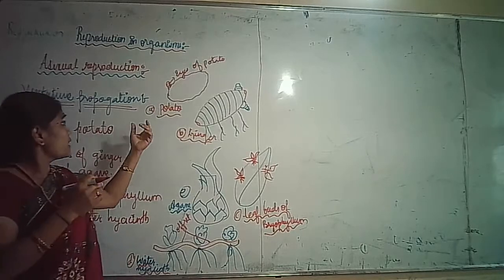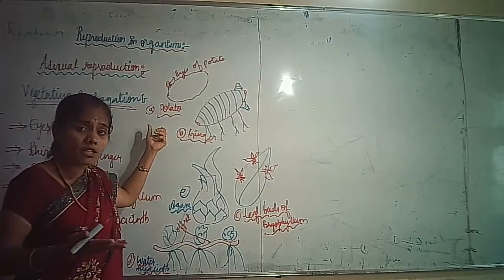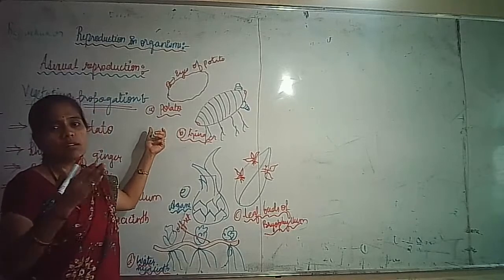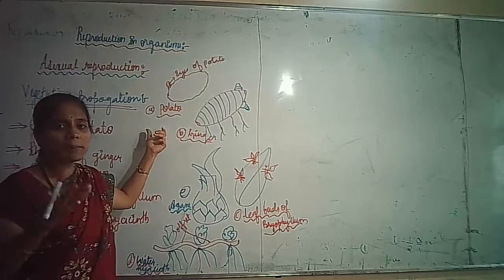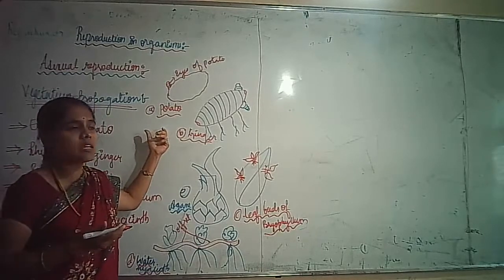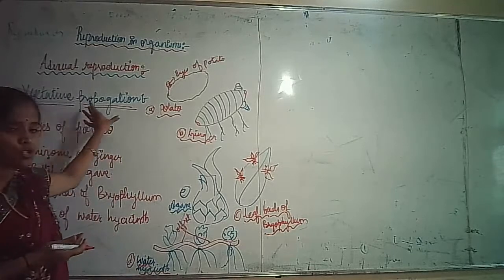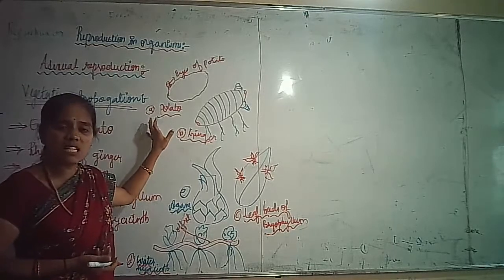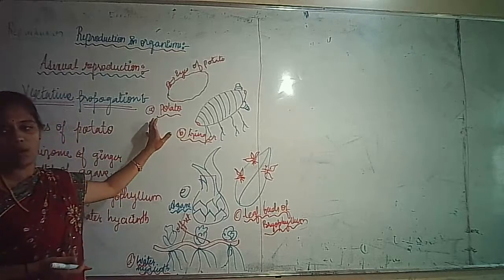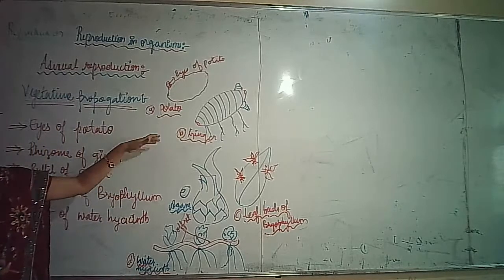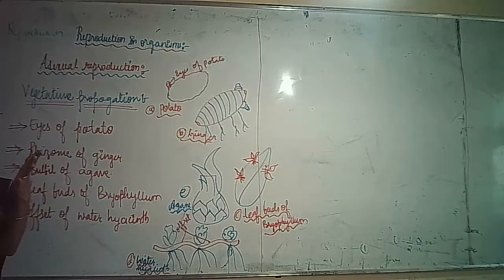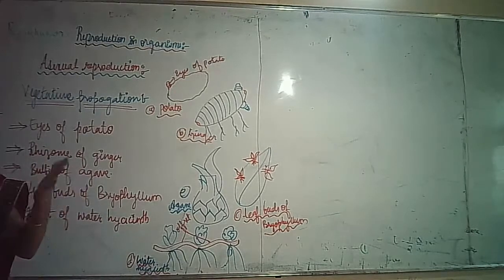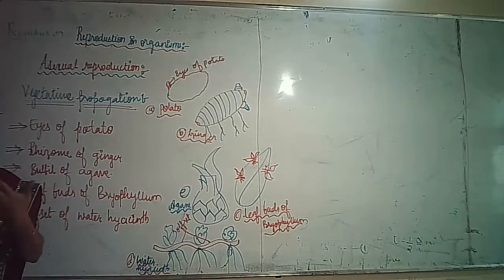So the type of asexual reproduction taking place in plants is vegetative propagation, vegetative reproduction. Asexual reproduction in plants is termed vegetative reproduction.